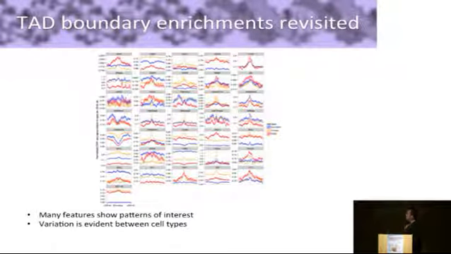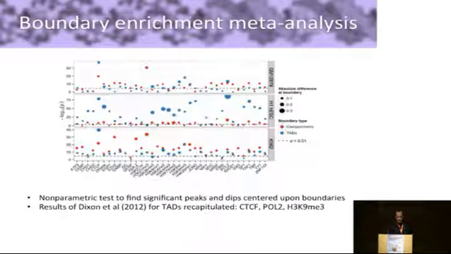So we revisited this question with our 35 matched features across cell types, and you can see at a glance that a lot of features show rather interesting patterns as you traverse a boundary. And also the 3 cell types are in different colors here. There's plenty of variation between cell types.